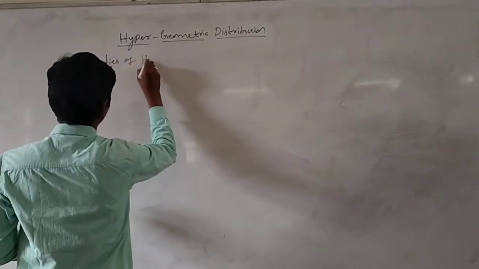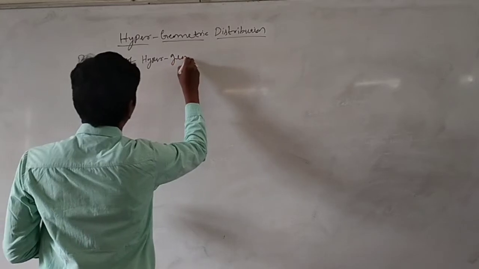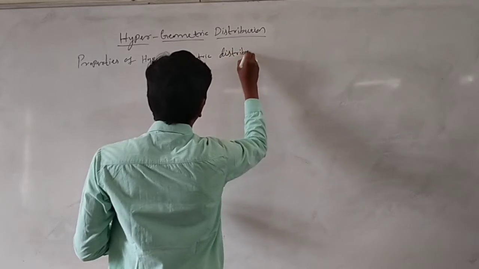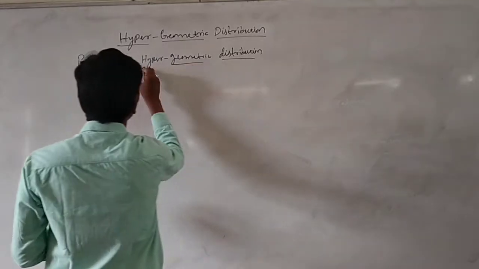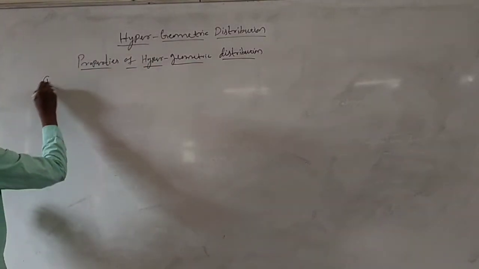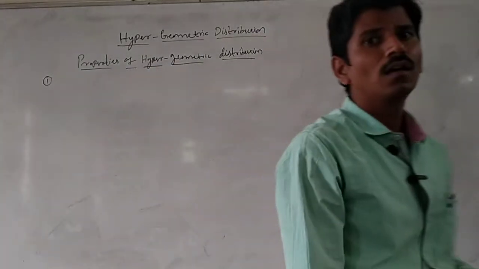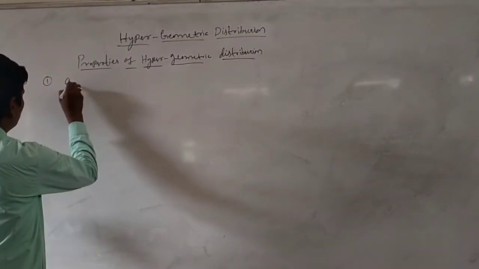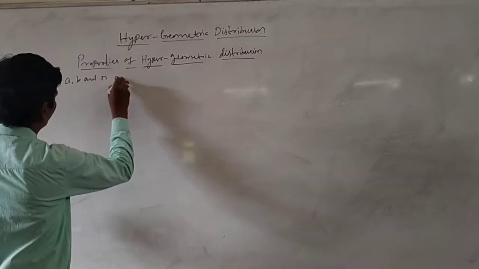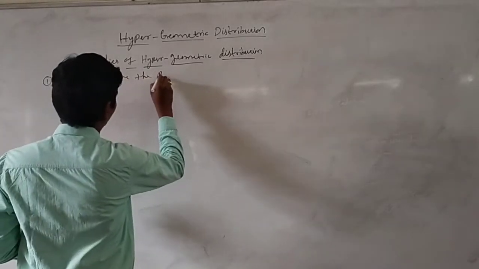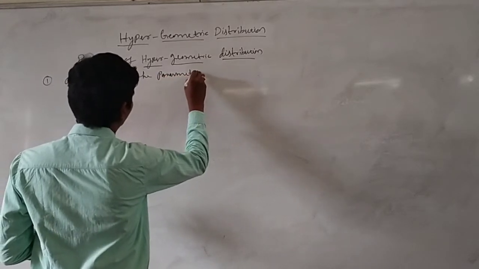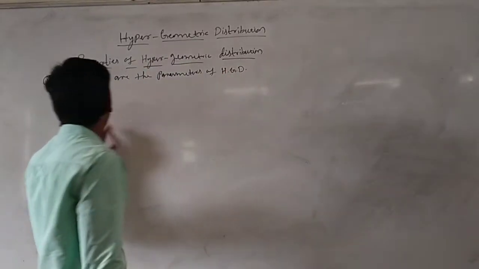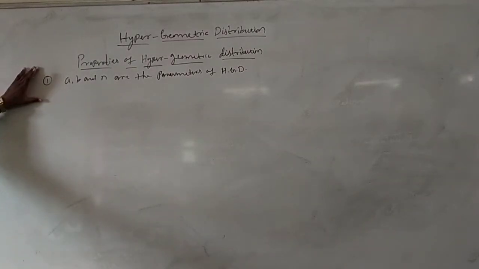Here the first property is that A, B and n are the parameters of the hypergeometric distribution, HGD.